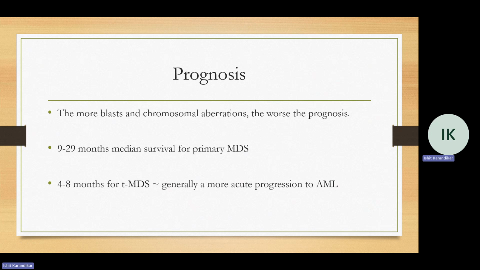I mean, there's a prognostic scoring system. They've divided it. But in general, the more blasts and the more defects you have, the worse the prognosis. There's also some good prognostic groups. I don't really think you need to know specifically, but there's patients with the 5q and 20q deletion that have a very good prognosis. They could live up to 5 years.